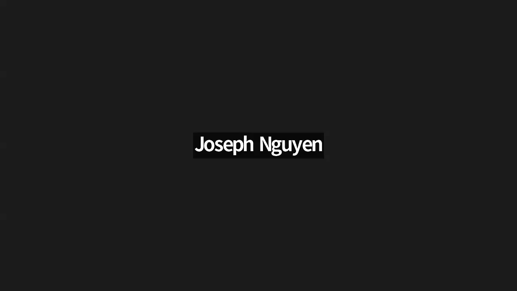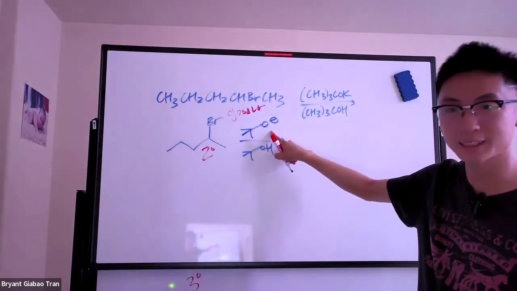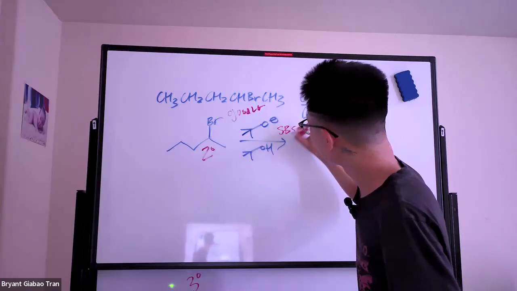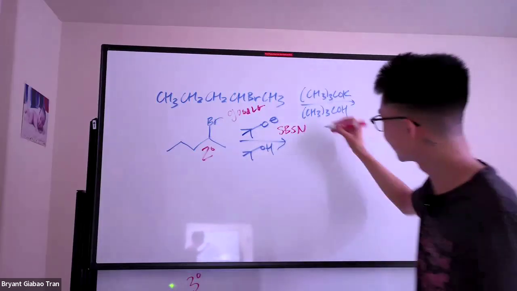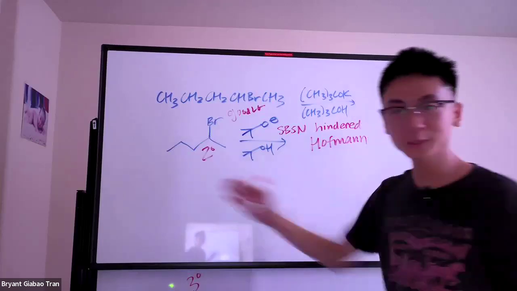Secondary. Yeah, secondary. And what kind of reagent is this? Is it a strong base or weak base? Strong base, strong nucleophile. Is it unhindered or hindered? Hindered. So do we go for the Zaitsev product or the Hofmann product? Hofmann, right?